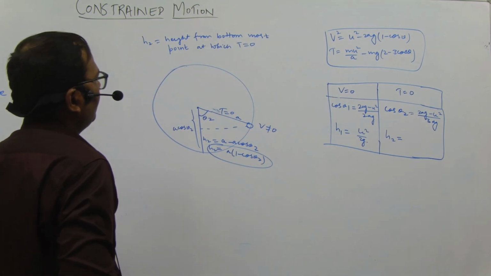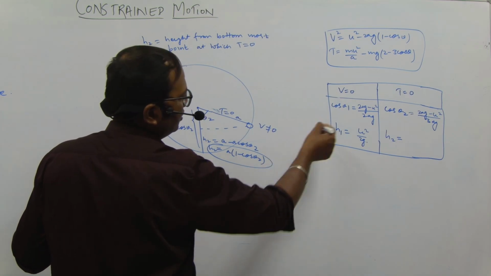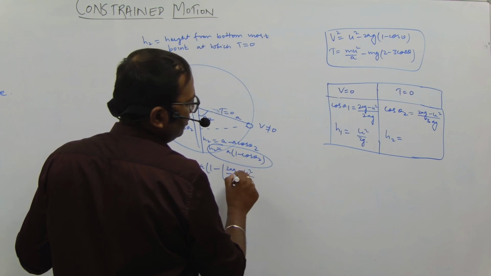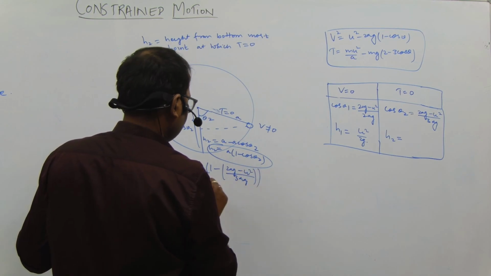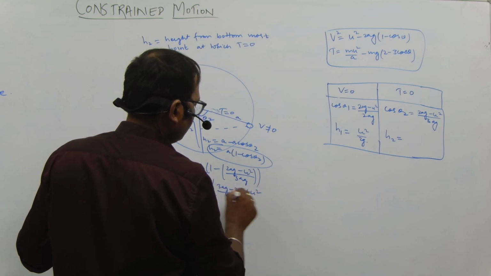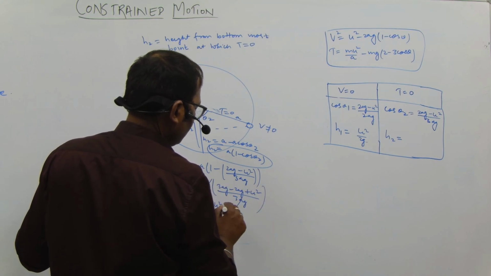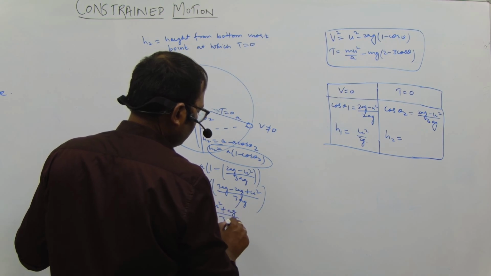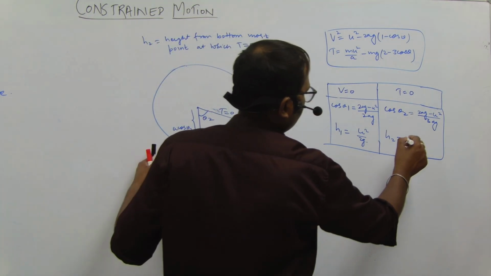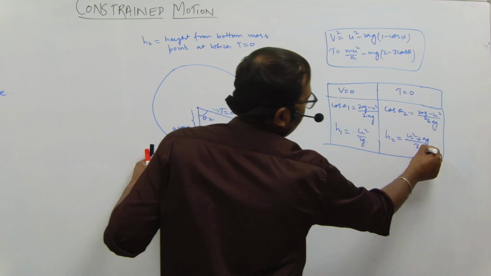So h2 is equal to a times 1 minus cos theta 2, which is a times (3ag minus 2ag plus u square upon 3ag). So this is equal to u square plus ag upon 3g. This is h2: u square plus ag upon 3g.